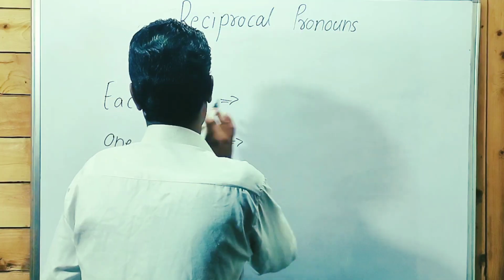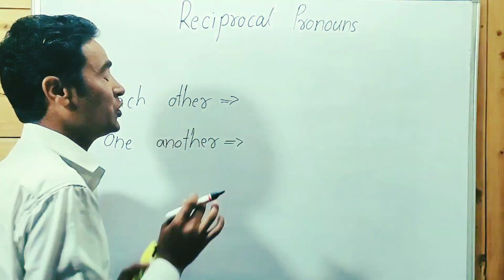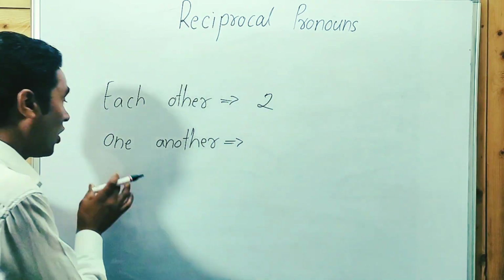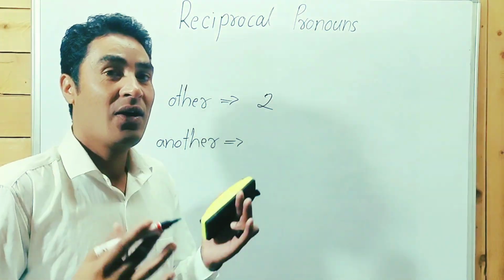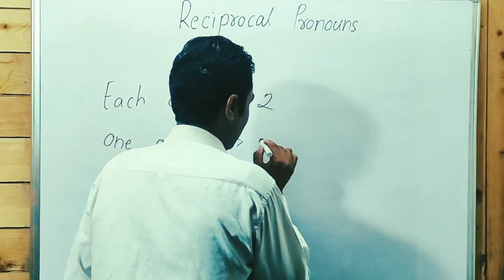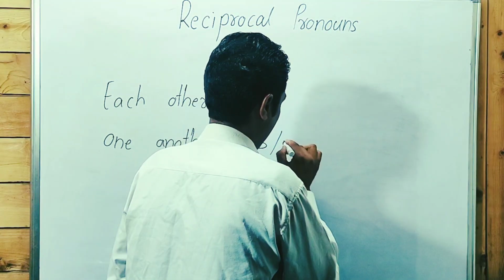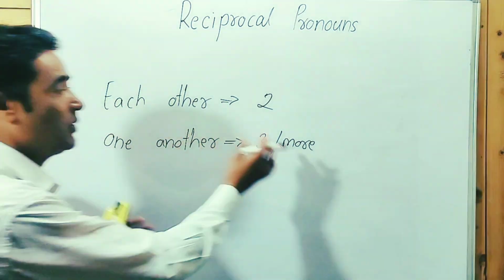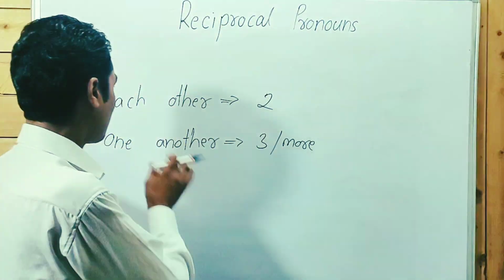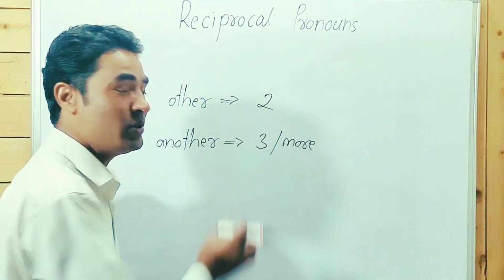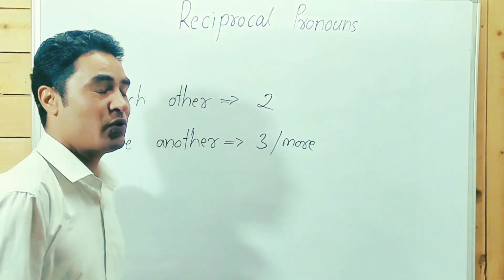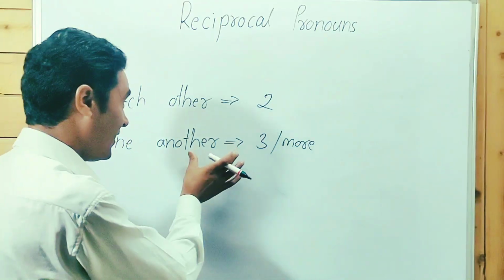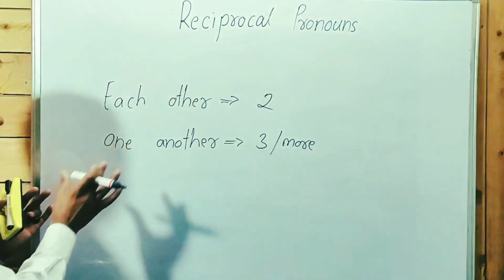When we talk about one another, it is used for more than two, three or more people or things. This is the difference between these two reciprocal pronouns.